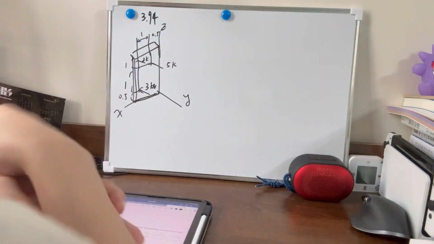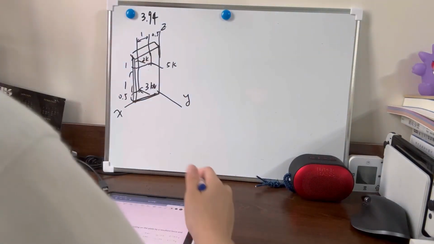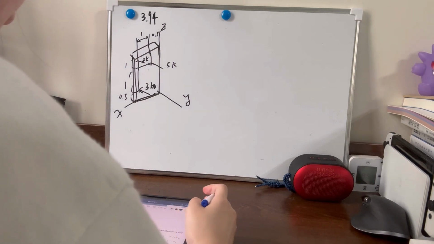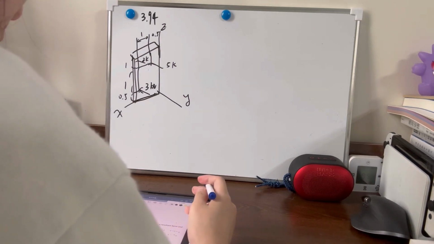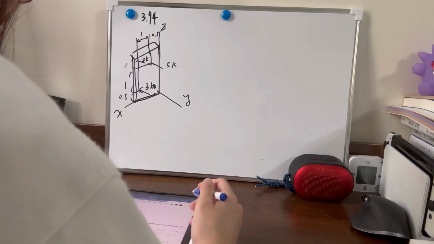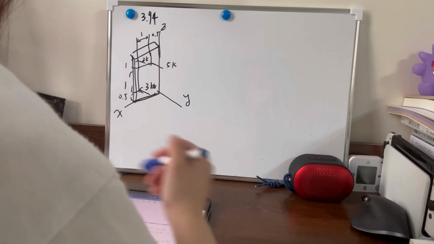And this question says replace the power load force system acting on the plane by the resultant force and specify its location on the XZ plane.